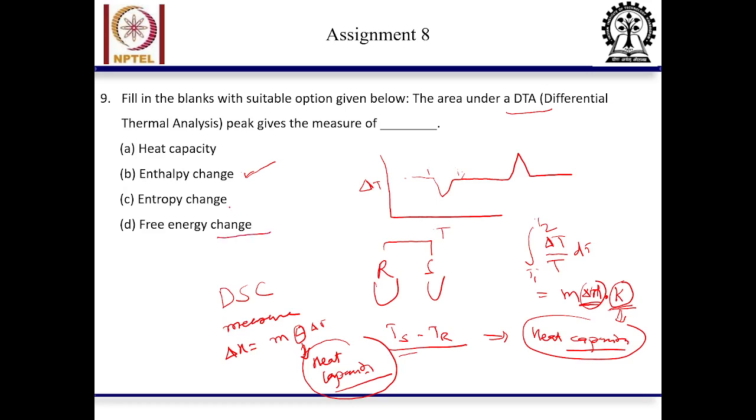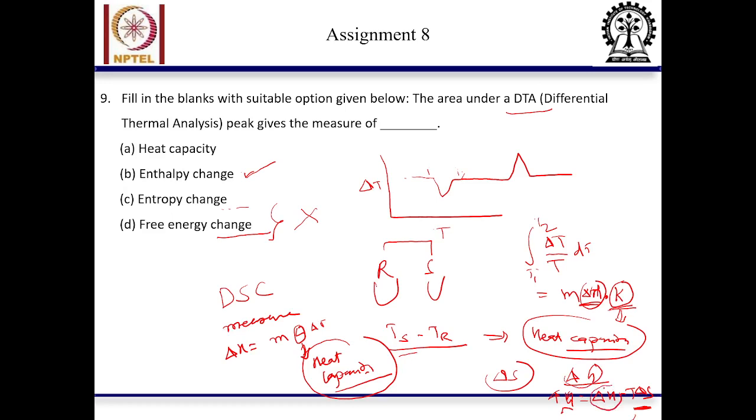Now free energy change and entropy change, these are completely different, because we can't measure the entropy change through this curve in the DTA. And the free energy also, that is delta G, because for delta G you need delta H minus T delta S. Now you don't know delta S, so how will you calculate your delta G?